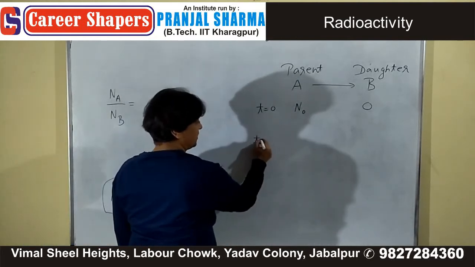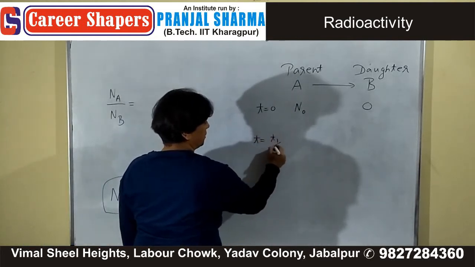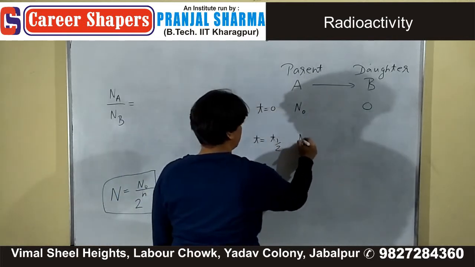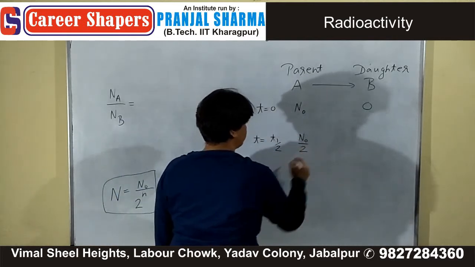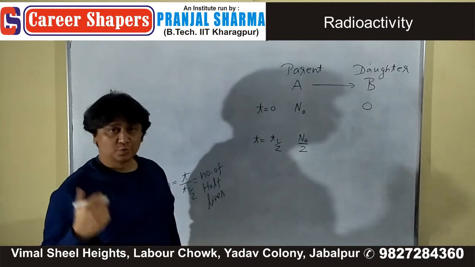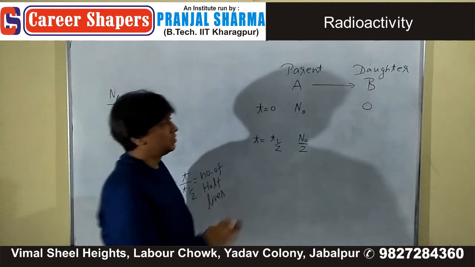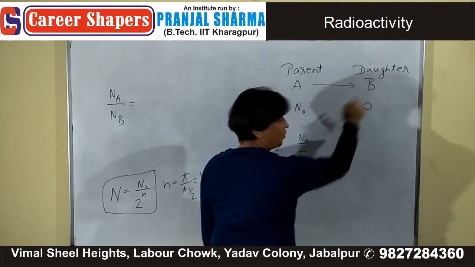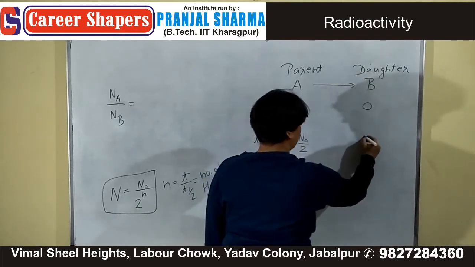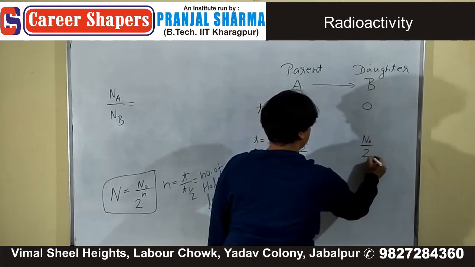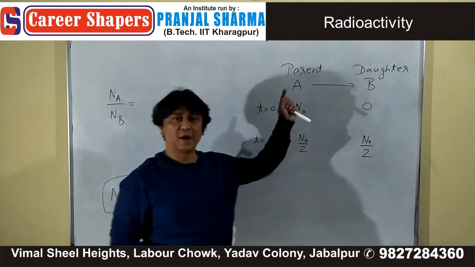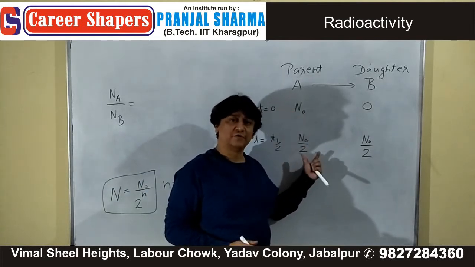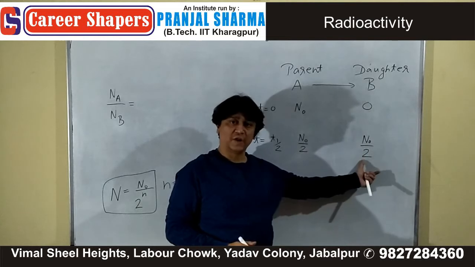When t is T half, that is first half-life, N becomes N naught by 2. And what happens to other N naught by 2? Those N naught by 2 nuclides, they disintegrate and become B. And therefore, this is N naught by 2. If initially you had 100 nuclides of A, then after first half-life, you will have 50 of A and 50 of B.